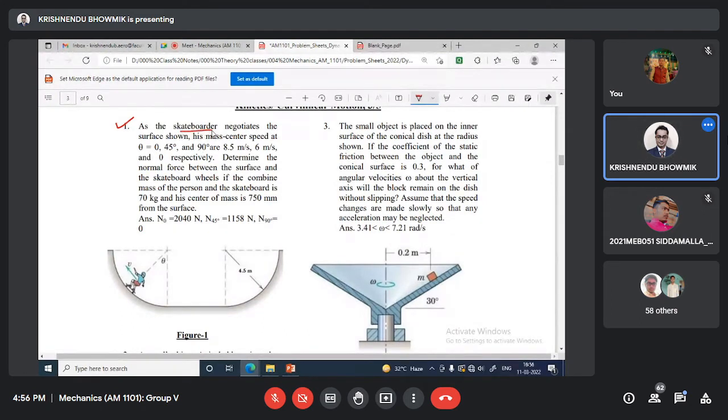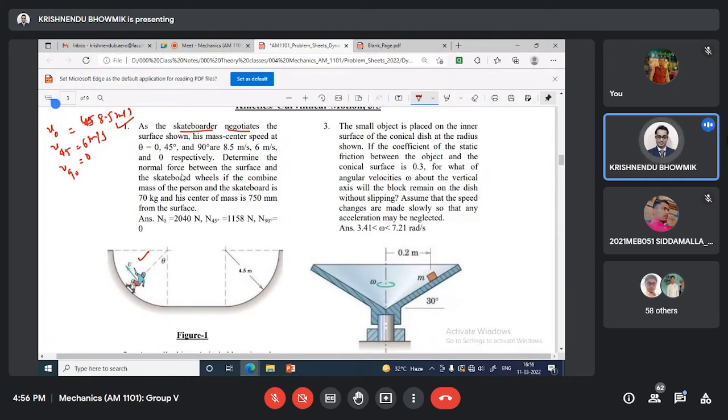A skateboarder negotiates the surface shown here. His mass center speed at theta equal to 0, 45 and 90 is given: 6 meter per second at 0, 8.5 meter per second at 45.